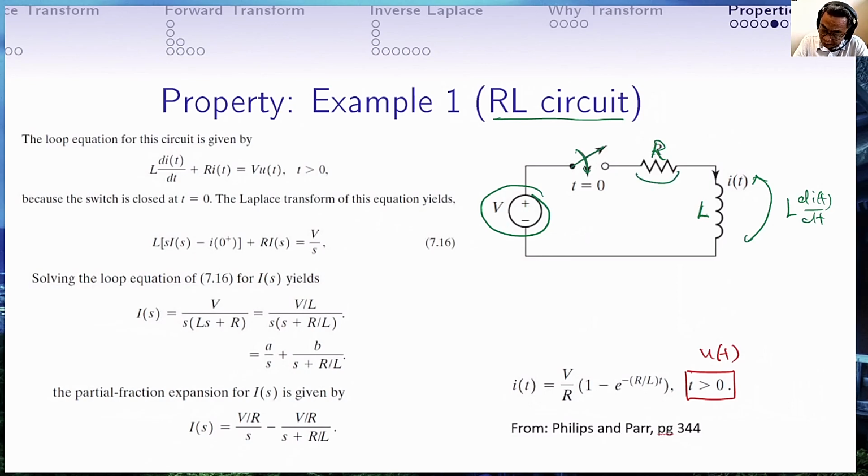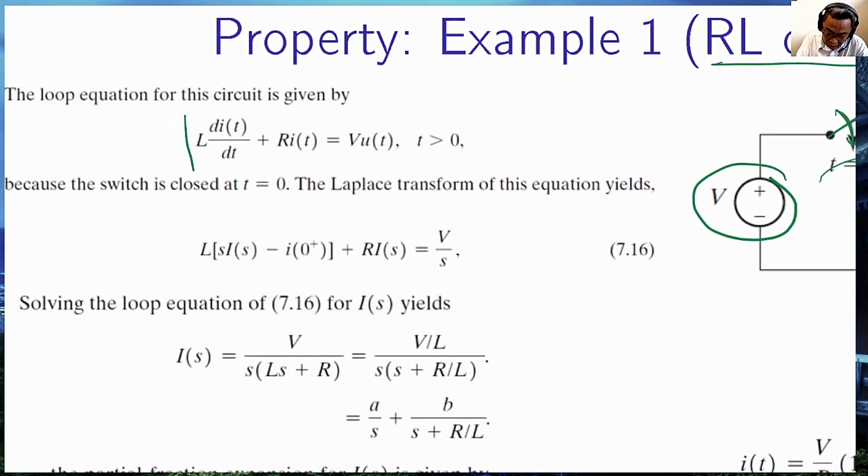The voltage drop across R is i(t) multiplied by the resistance, and by Kirchhoff's voltage law, the sum of voltage drops across the entire circuit is 0. So we see the voltage drop across the inductor, L di dt, the voltage drop across the resistor, I times R, as well as the voltage source.